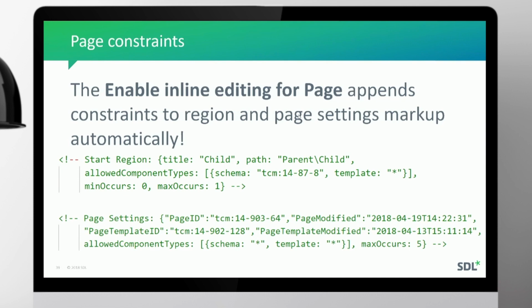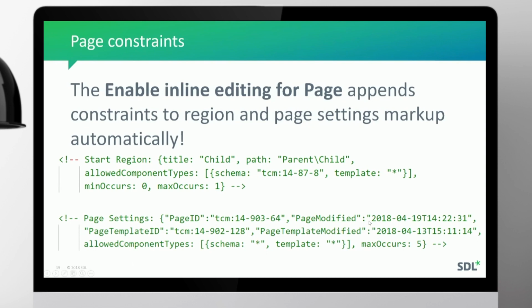And as you remember, the page is a region as well, so it also can have constraints, and these constraints are added to the page settings markup at the end of the page.